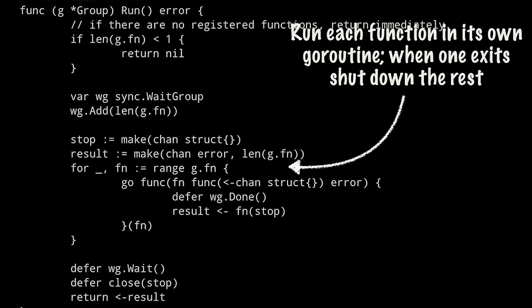And when one exits, so when one returns a result, we're then going to close the stop channel, asking all the rest of them to shut down, and then wait for those to shut down. So let's have a look at how we use this.